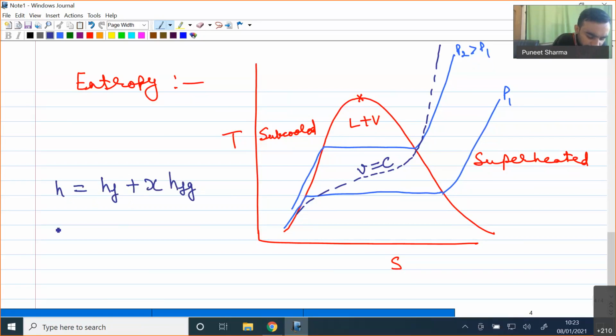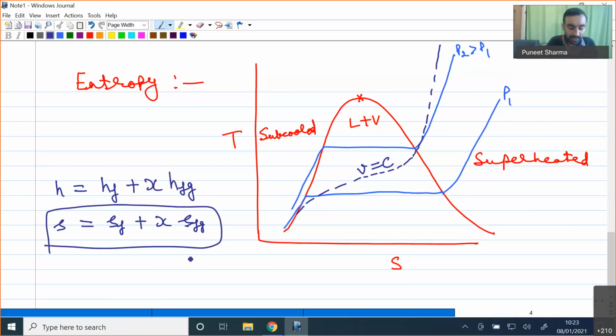Similarly for entropy, s is equal to sf plus x times sfg. This formulation is applicable to entropy also while our substance is in the liquid vapor dome.